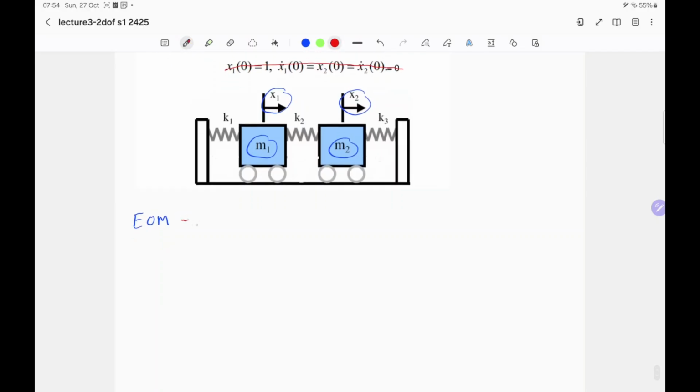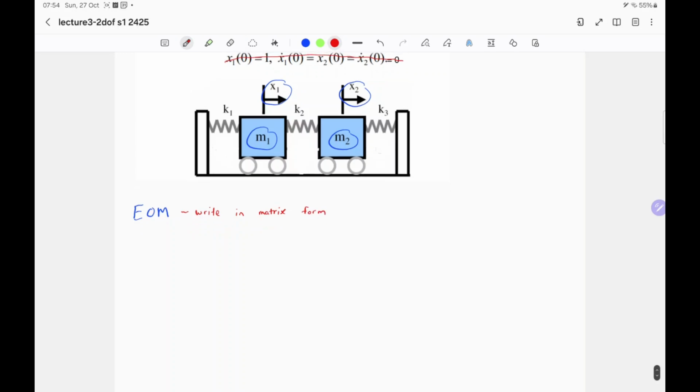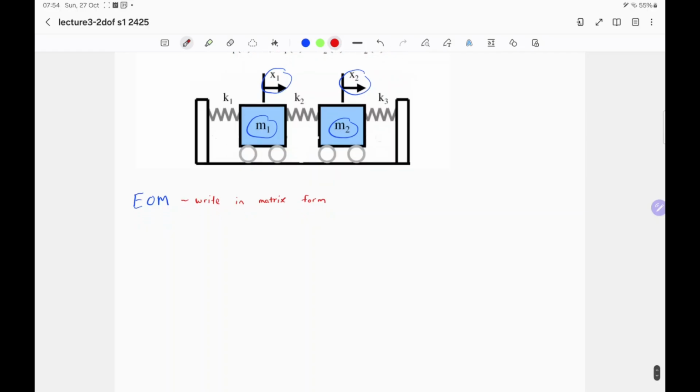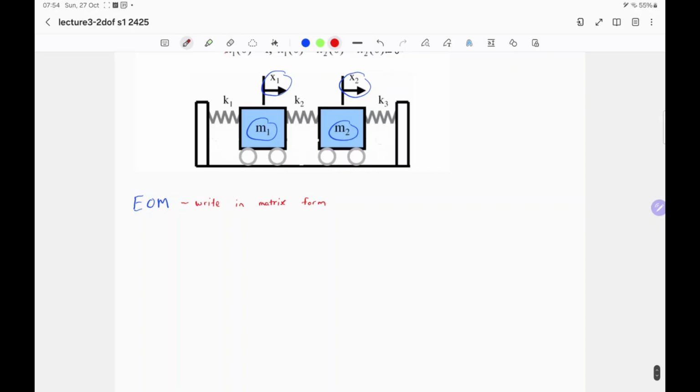Normally, in the end we will write it in matrix form. In order to develop the equation of motion, we need to start with the free body diagram.